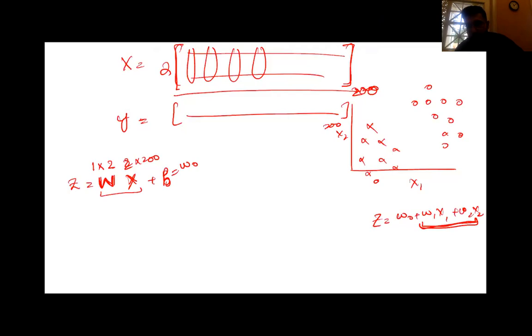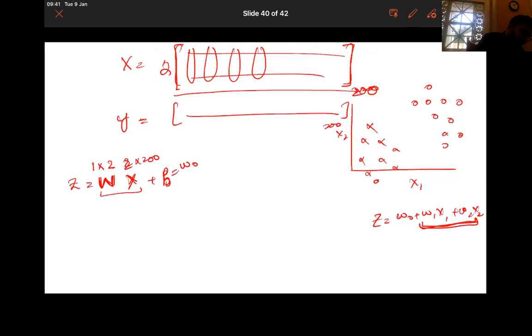Okay. So let's assume I was in 4D, and this was 4 times 200. What should be the size of W? Yes, 1 times 4.